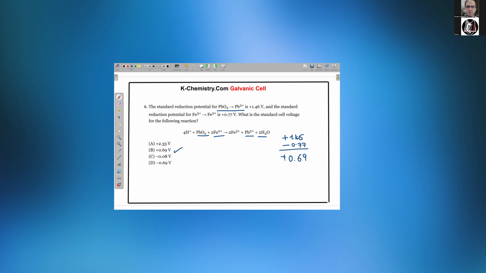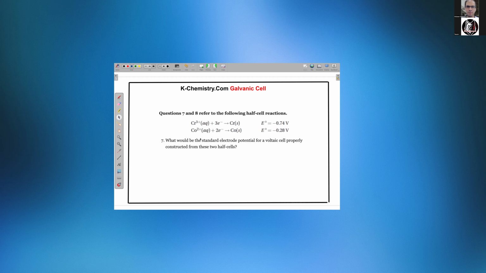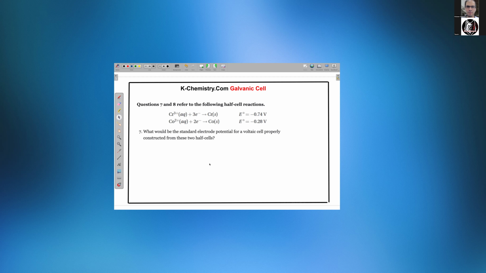Okay, next one. So question 7 and 8 refer to the following half cell reaction. What would be the standard electrode potential for a voltaic cell properly constructed from these two half cells? If I put these two half cells together, am I going to get 1.02, 0.64, 0.46, or 1.02 but negative this time?